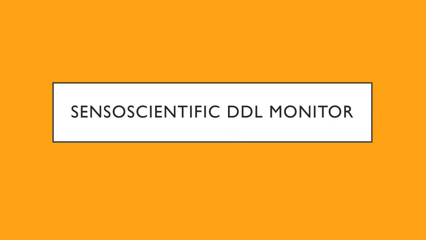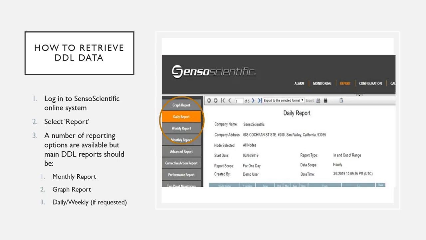Moving on to the SensoScientific DDL monitor. This is a bit more of a complex system. It offers our providers an opportunity to use Bluetooth capabilities to receive alerts about any kind of issue that's going on with their unit. But in order to retrieve that DDL data from this system, providers have to go into their online Senso accounts.